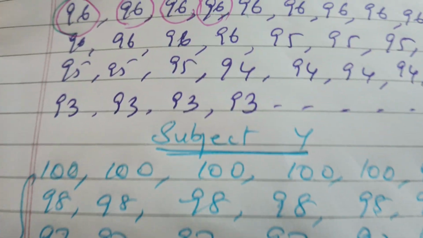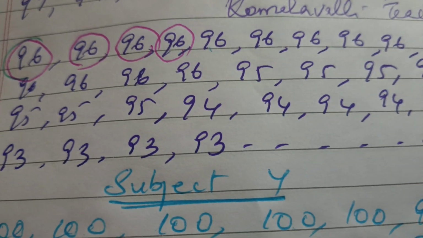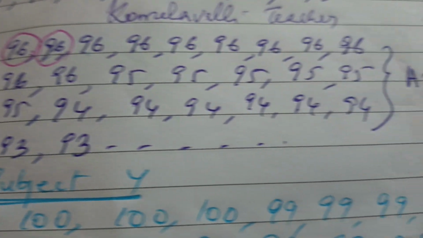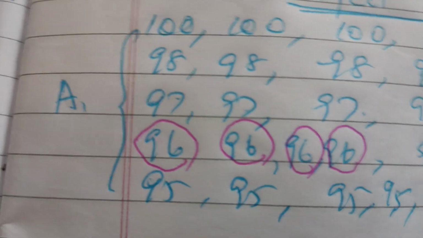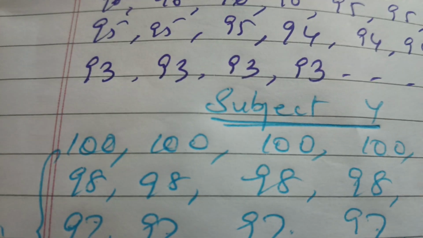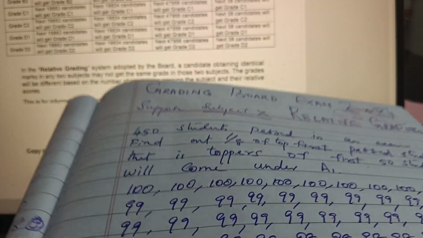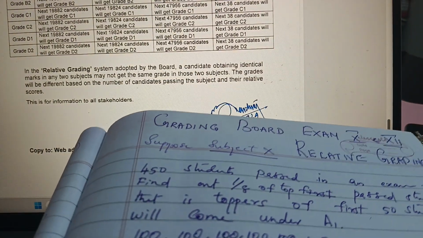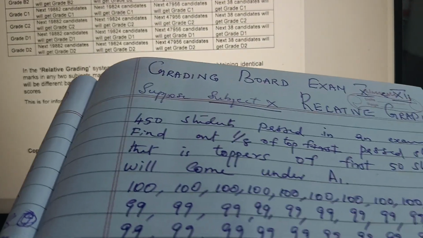But the same 96, in subject X, comes under A2, while the same 96 marks comes under A1 in subject Y. That is why our controller of examinations wrote there that identical marks in any two subjects may not get the same grade.